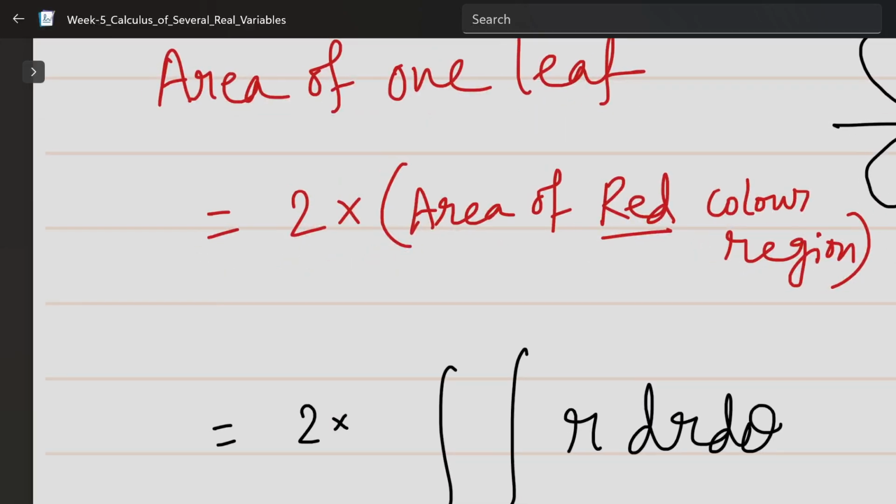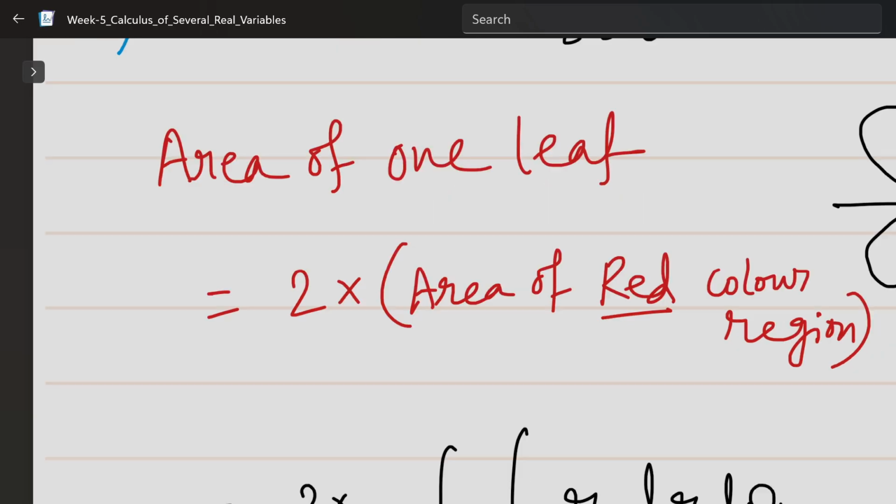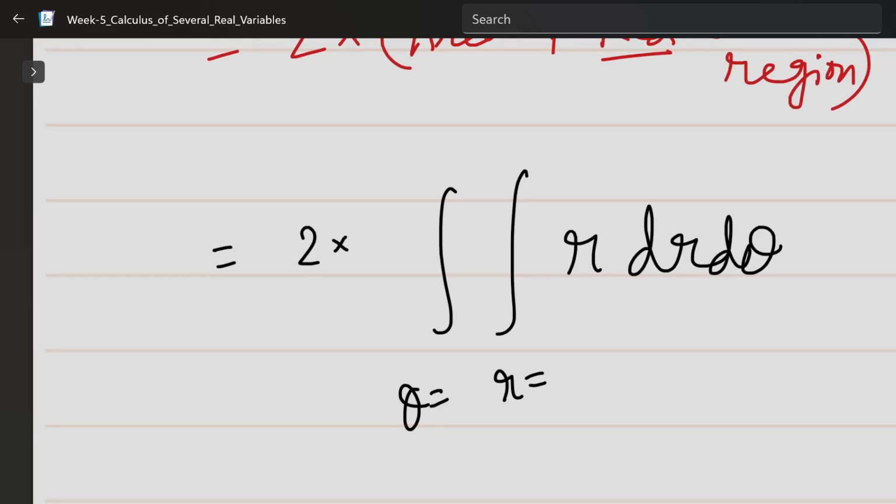Okay. So what is r? R varies from where to where? R means length. So R varies from 0 to here. Okay, I will draw again. Suppose this is your leaf.